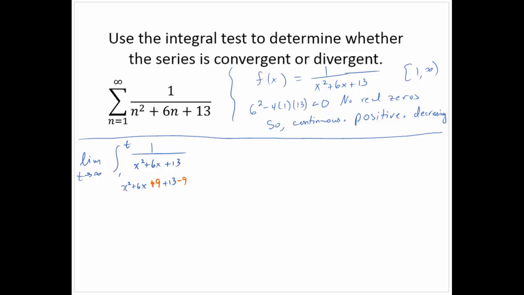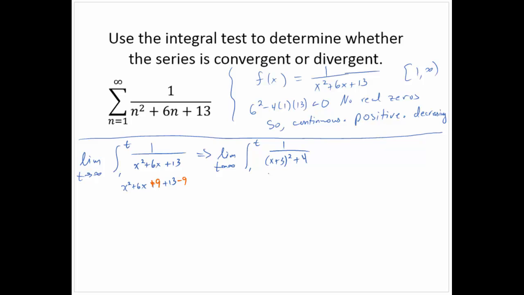And so this becomes limit t approaching infinity, integral 1 to t, and I'd have 1 over x plus 3 squared plus 4. And I recognize this integrand as dealing with that arctangent, right?